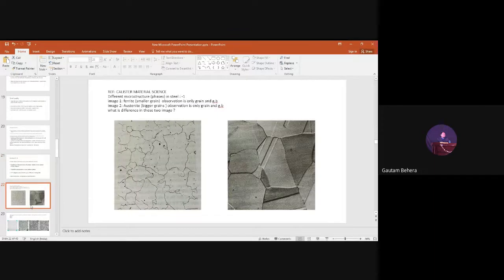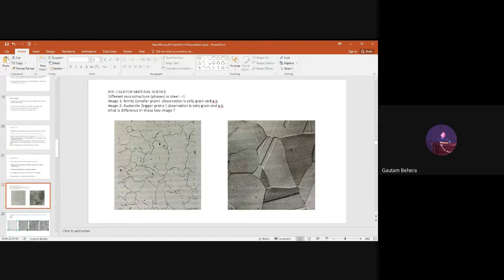Okay, I'll move to the contents. You can see this is a microstructure and this is a microstructure. In these two microstructures, we can see grains and grain boundaries here, and here also we can see grains and grain boundaries. But what is the difference? In this case we have larger size grains. The grains are bigger, but here the grains are comparatively smaller, right?